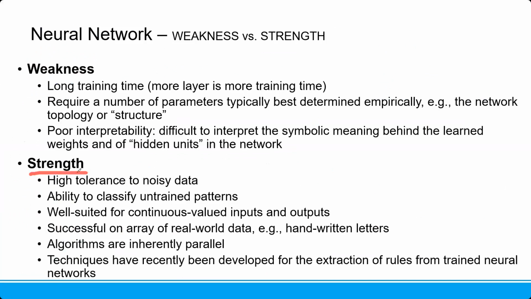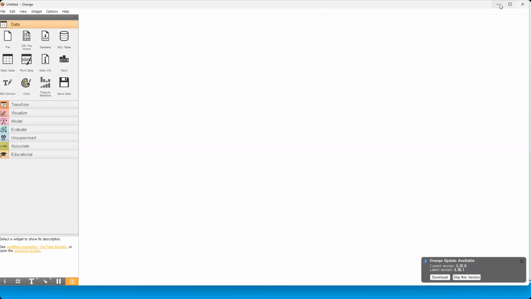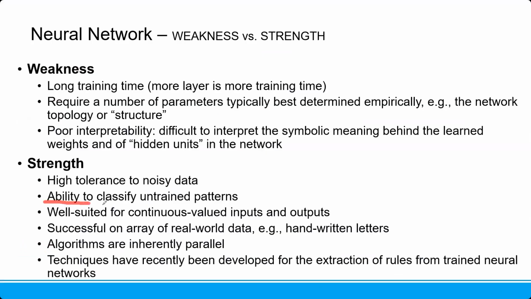The strength is it has high tolerance to noisy data. And it has the ability to classify untrained patterns. So if some data is not in the training data set, then it is still possible. It is well suited for continuous value inputs and outputs. If you have any categorical data, you need to convert it to numerical data.